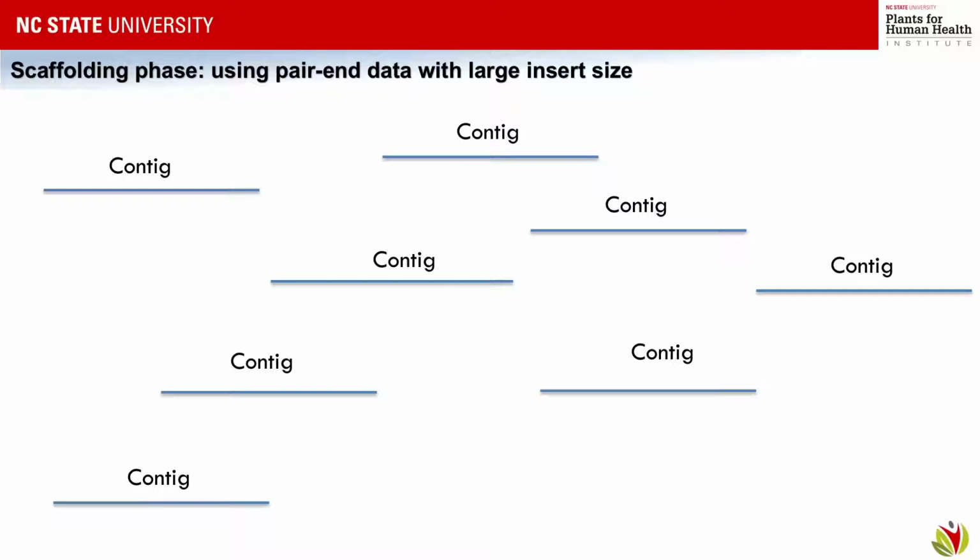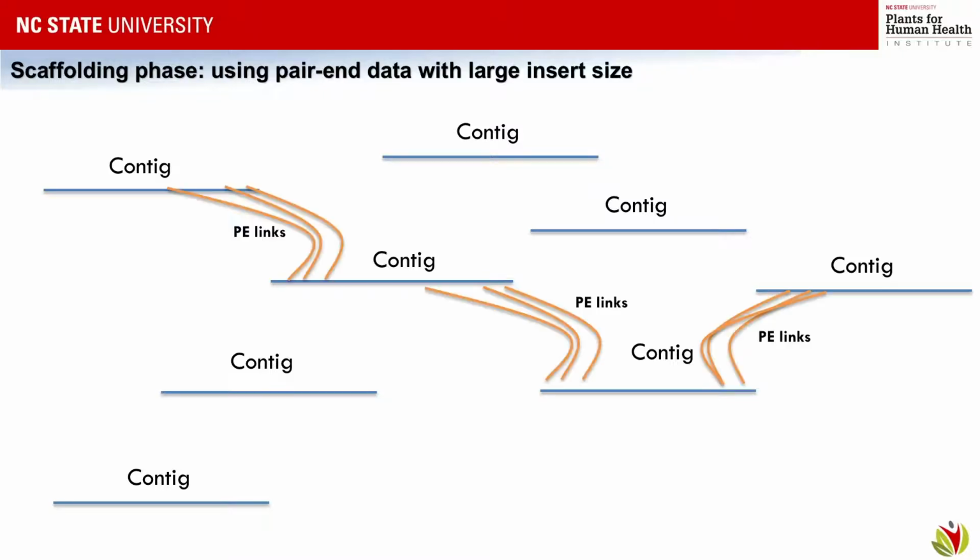There are techniques already available that we can use for putting them together. One of them is using the parent data and the technology that I was mentioning before, the PHI. So we have these two parent sequences with the long insert sizes. So if we have a lot of contigs and there are reads that are falling in the single copy regions of the contigs, look at this, for example, we have reads that are spanning from this contig to this contig, and this one to this one and this one.